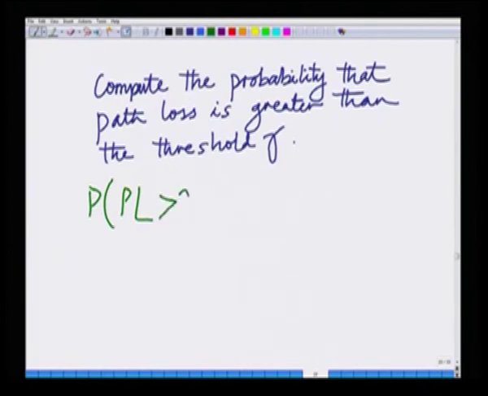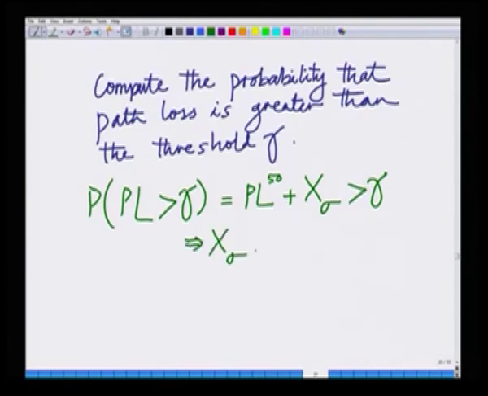That is the probability that the path loss, which remember is nothing but the 50th percentile path loss plus x sigma, is greater than gamma. This implies x sigma is greater than gamma minus the 50th percentile path loss. And remember, x sigma is a Gaussian random variable with deviation sigma, variance sigma square.